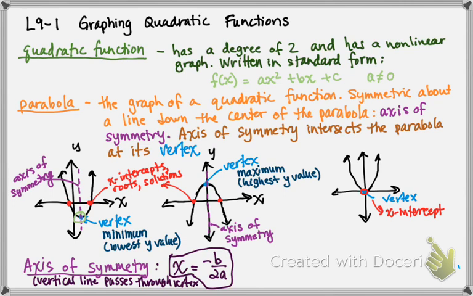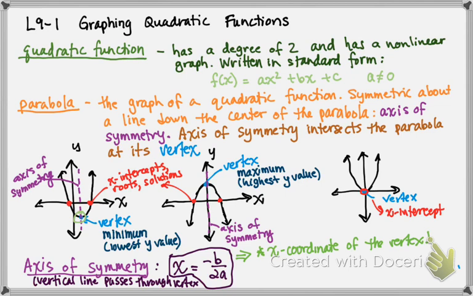So let's do a little note right here: that axis of symmetry is the x coordinate of the vertex. See all those relationships? It's all interrelated here, okay?